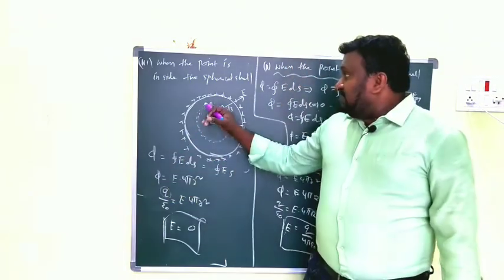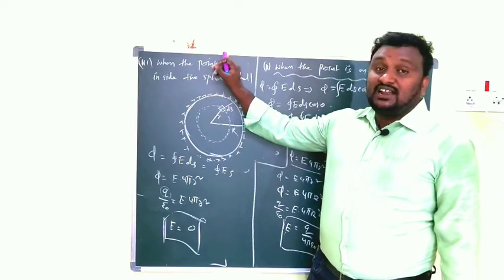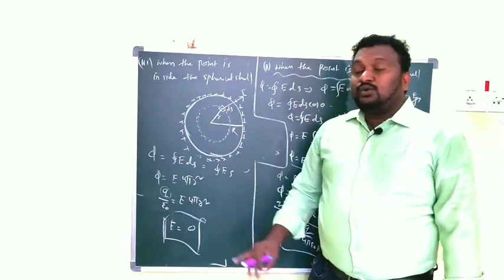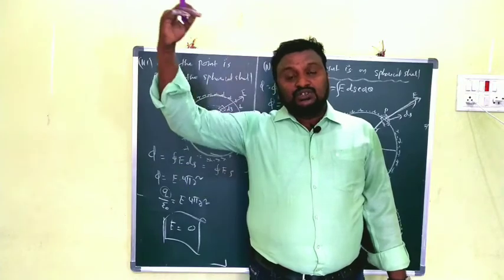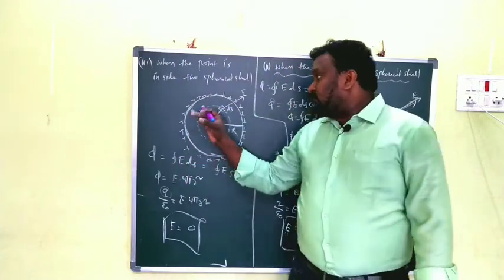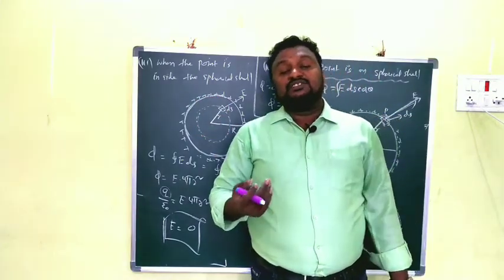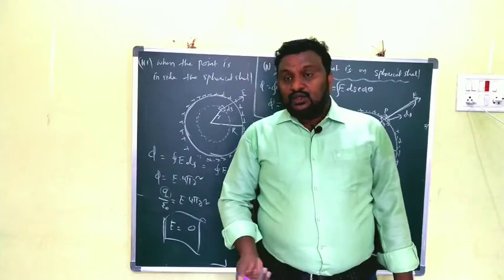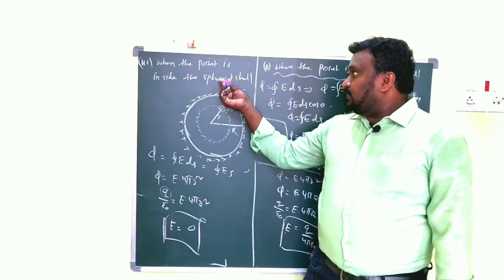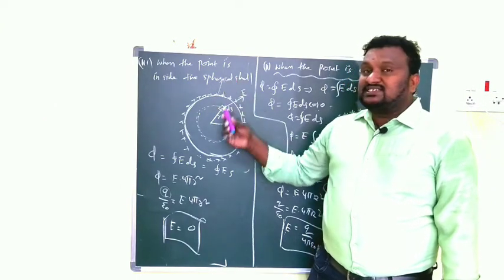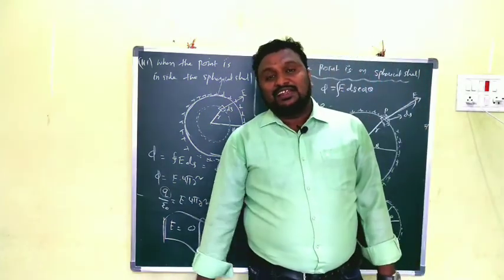When we go above the shell, we may get electric field intensity, but below we have no electric field intensity. While we move from the shell to the outside, the field increases. When we move from the surface towards the center of the shell, the electric field intensity is 0.